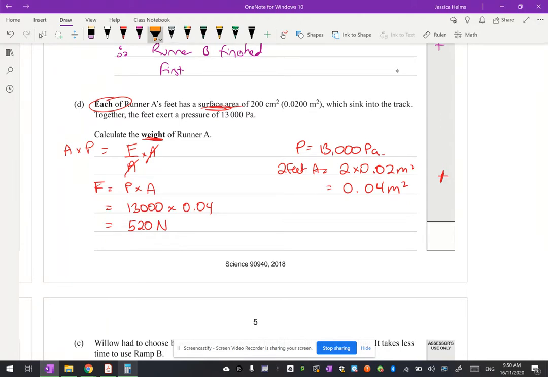Another thing is make sure that you use the meters squared, not the centimeters squared. If you use the centimeters squared and do the 2 feet, but use centimeters squared, then you can only get as high as a merit. Okay. And then apart from that, just make sure that you substitute it properly.